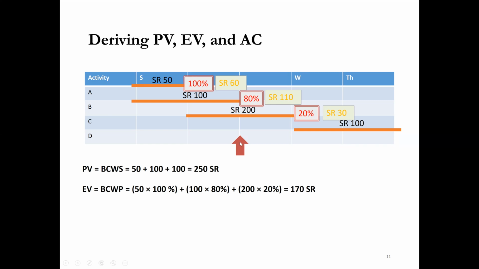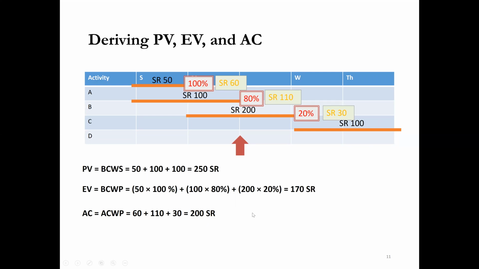So AC, how much we spend at market price, is 60 plus 110 plus 30 for activity C. So our AC is 200.